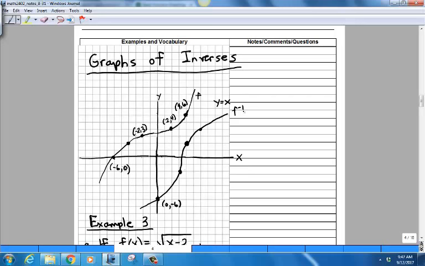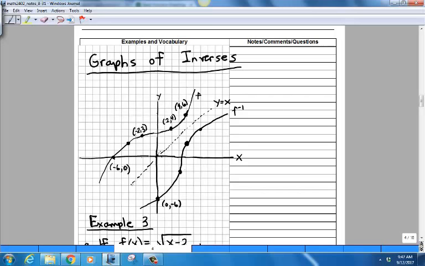Let me point out what's happened here, and you can actually prove this. When we flipped all those points, we just rotated the curve around the 45-degree line, y equals x. There's the line y equals x.